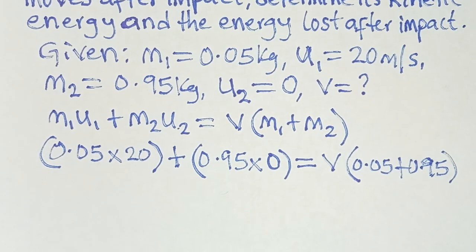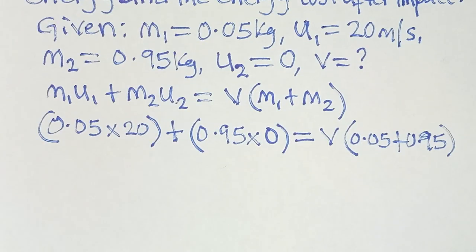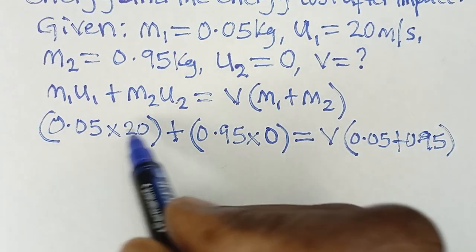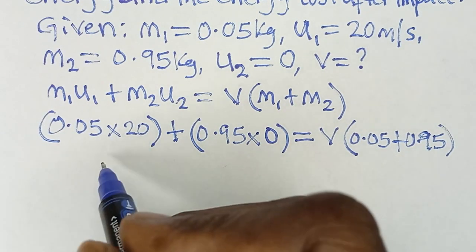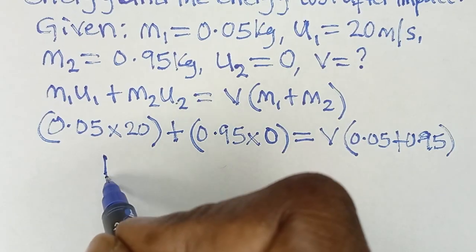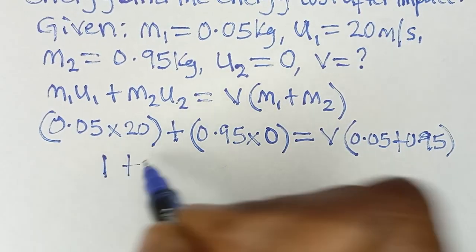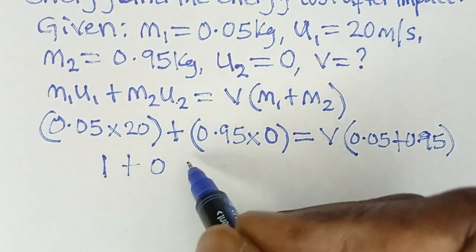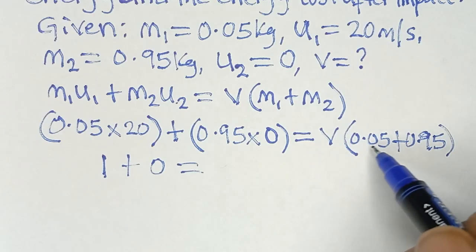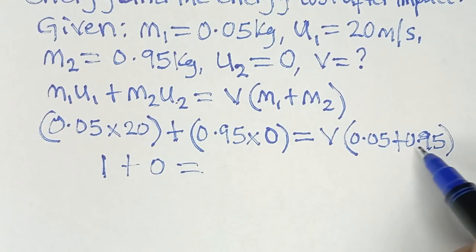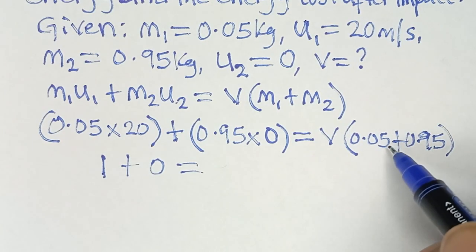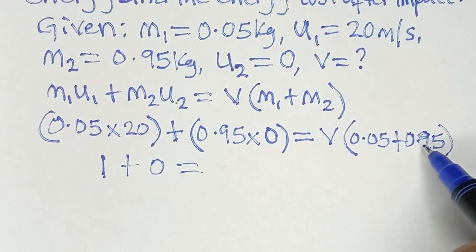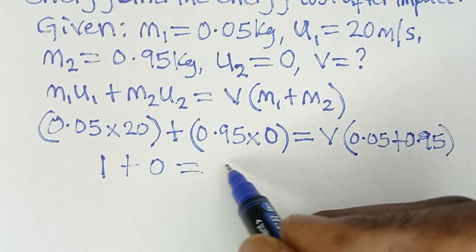So we can simplify further so that we'll get the value of V. 0.05 multiplied by 20 will give us 1. And then plus this multiplied by 0 is 0. And that is equal to V multiplied by 0.05 plus 0.95, which will give us 1.